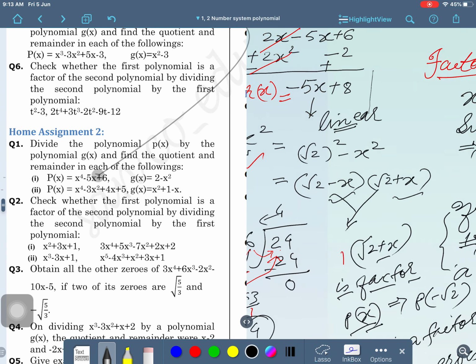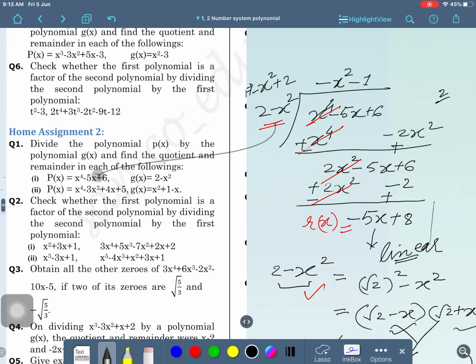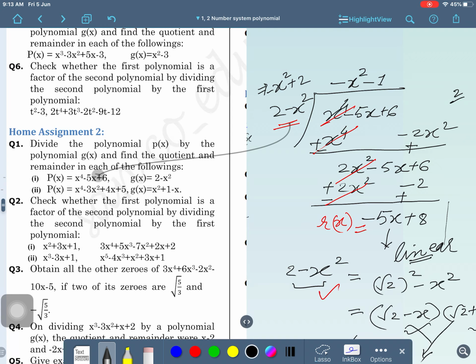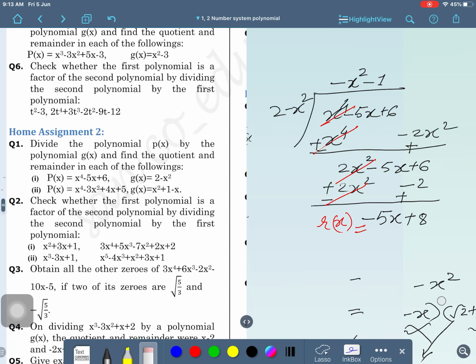It means what do we conclude? Here you may see this, I am talking about the polynomial. Look here.